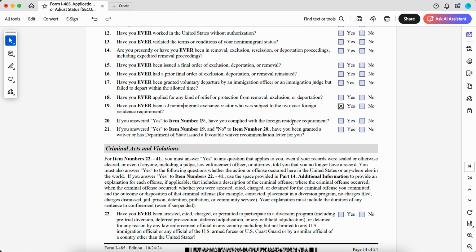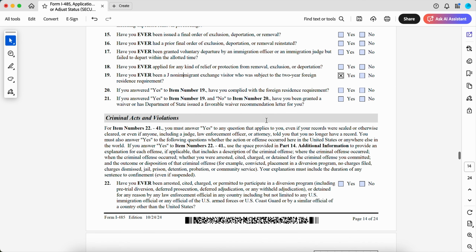It could be school certificates, leases of your houses outside the US, work contracts, and everything like those. And if you answered yes here and no here, you have to answer question 21, whether you've been granted a waiver or the Department of State issued a favorable waiver recommendation letter to you.